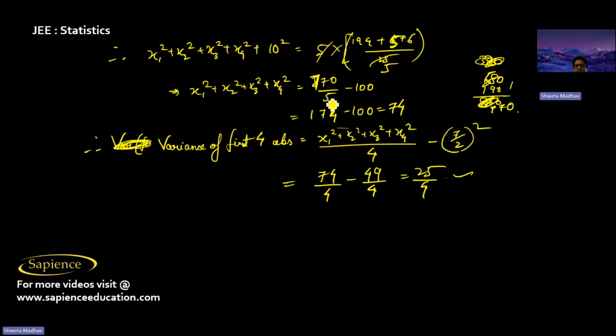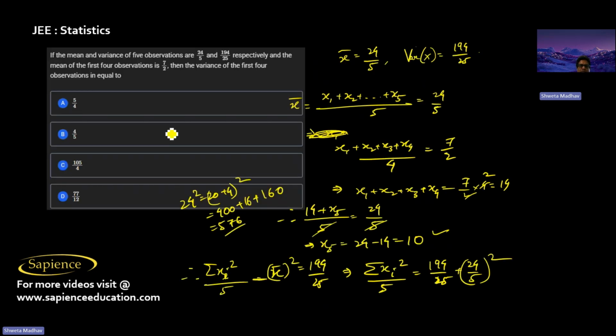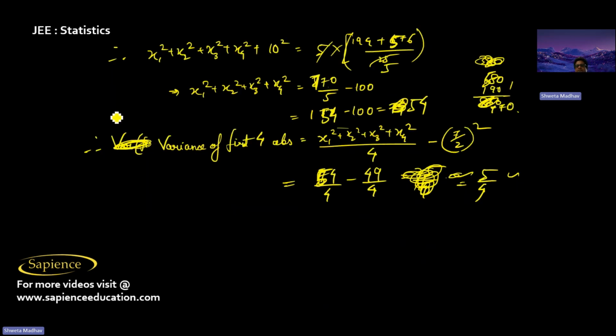So this 54 minus 49/4 will be equal to 5/4. So 5/4 is the required variance of the first four observations. So option A is the correct answer.